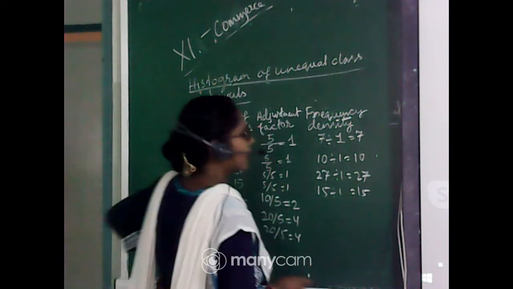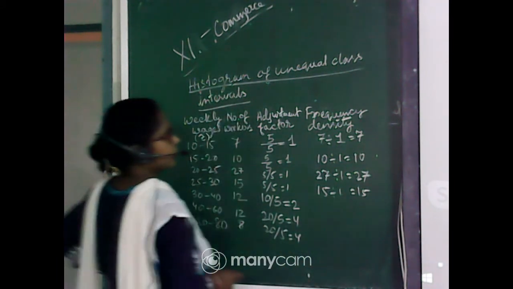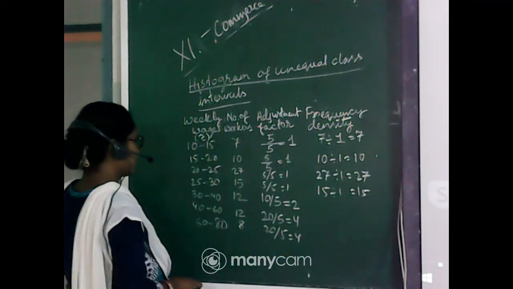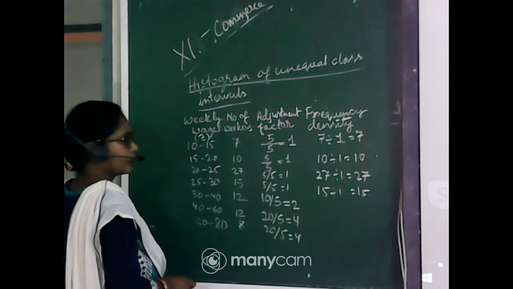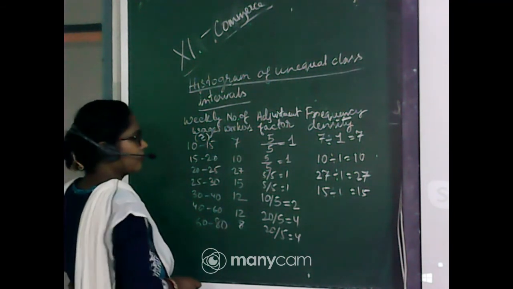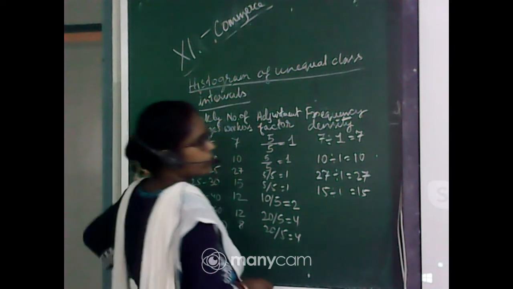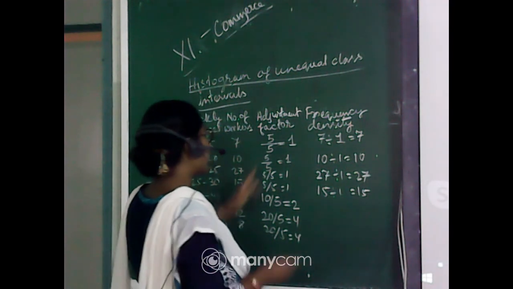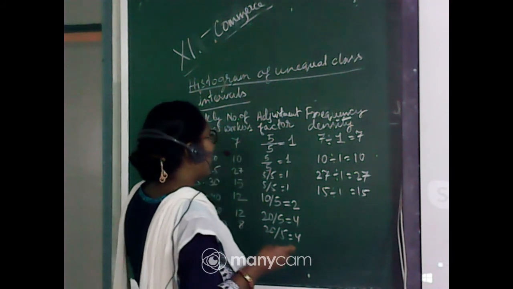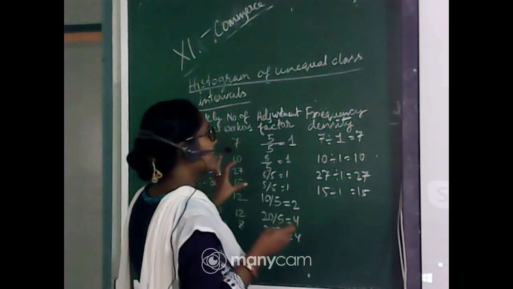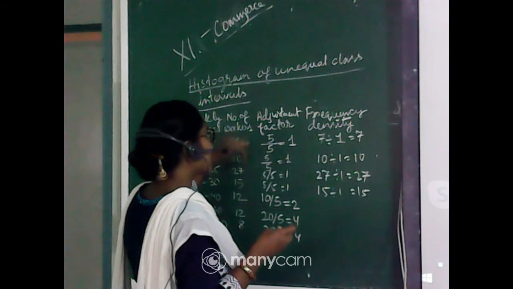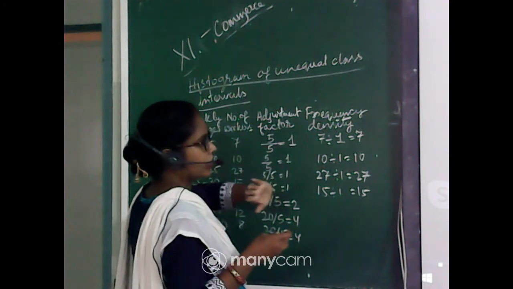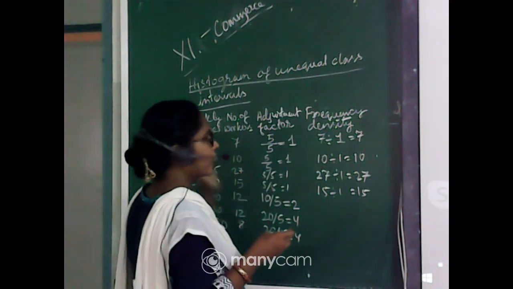Next, Kirtika. No, see, how do we find the frequency density? Frequency divided by the adjustment factor. Yes, Debargo, very good, 6.